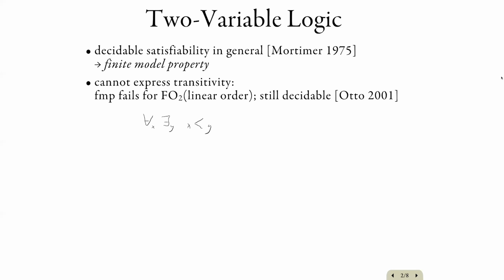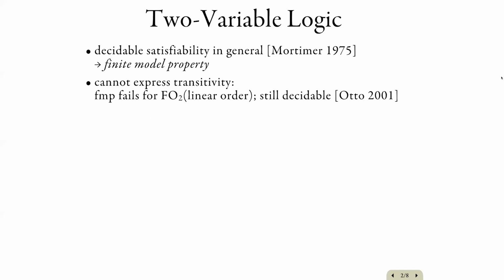So if this relation is a total order, then this enforces that the order is infinite. So there is an infinite model, but there's no finite model, so the finite model property fails. In particular, this shows that one cannot axiomatize that a binary relation is a total order or is transitive.